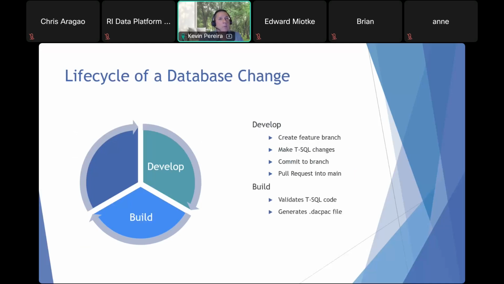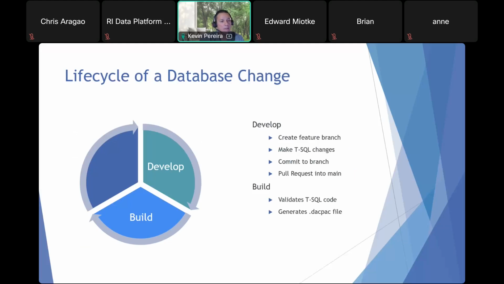This is the step where automation runs and validates the T-SQL code that you have implemented. When it comes to SQL database in Fabric, similar to SQL Server and Azure SQL Database, if you're using the SQL package extension, which is what Microsoft has developed and recommends, a DAC file gets generated.